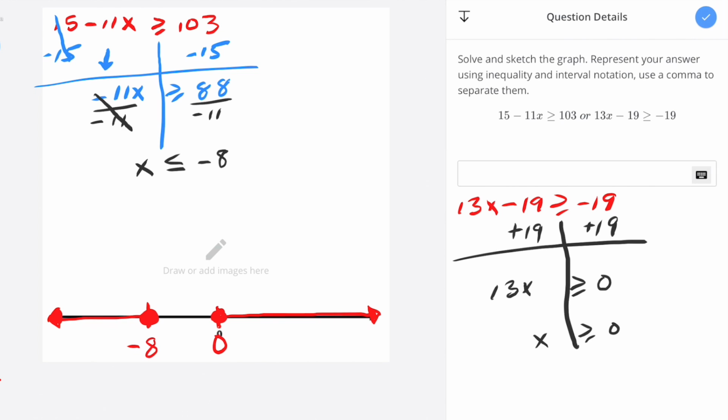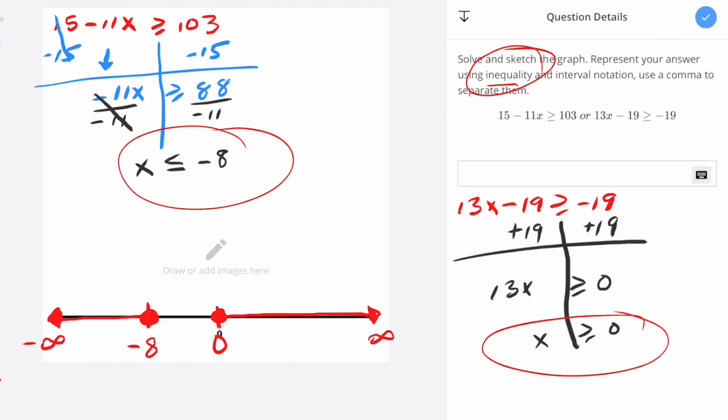All right, so we need to represent this in inequality and interval notation. Let's talk about inequality first. This right here is a negative infinity, a positive infinity. Okay? All right. Inequality. All right.